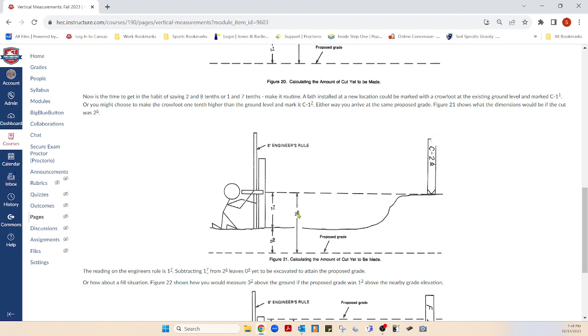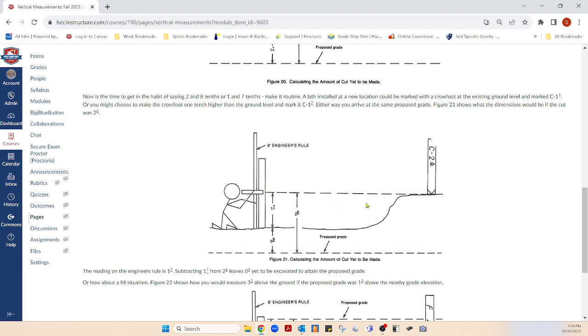So what goes on the grade stake is cut 0.9 feet. That'll put him 2 6/10 below this elevation, according to this, where he needs to be at this elevation.